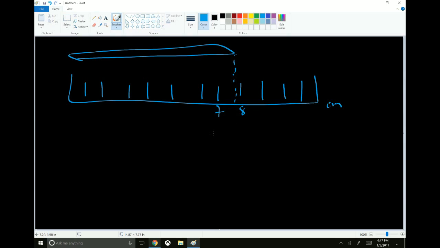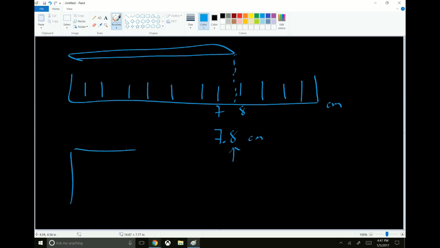So you're always going to have to estimate between the smallest markings on the analog device you're measuring with. So in this case, it looks kind of like 7.8 centimeters. So this is the uncertainty in your measurement. Just because your device isn't perfect, you aren't perfect, no matter what your mother tells you. And so you're always going to have to just do a little fudge work there.